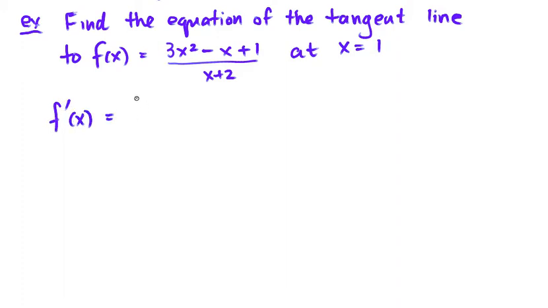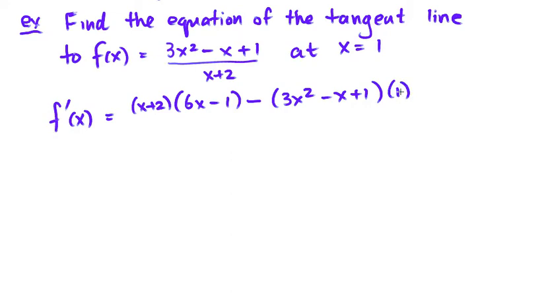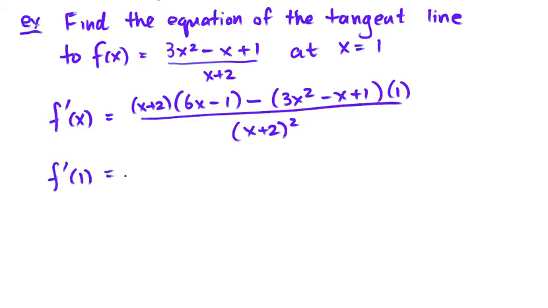So you get the bottom times the derivative of the top minus the top times the derivative of the bottom, all divided by the bottom squared. We actually want to know what that is when we evaluate it at 1, so I substitute 1 in everywhere. I get 4/3. Go ahead and actually do that on your calculator or by hand.